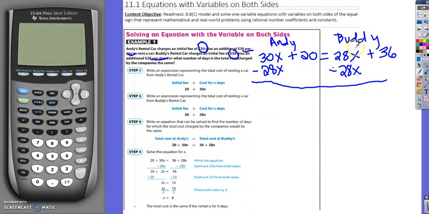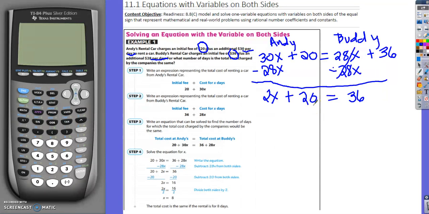So this is going to cancel out. We're going to be left with 36 on the right side. Bring down the equals. Bring down the 20. And then 30x minus 28x is 2x. Okay, bring down the plus sign. Now we got to get the constants to one side. So we got to get rid of plus 20.